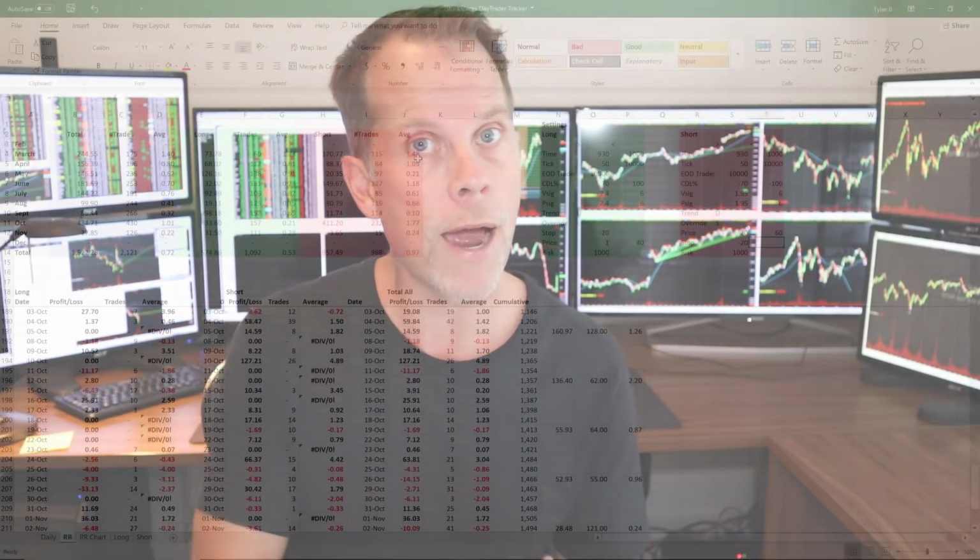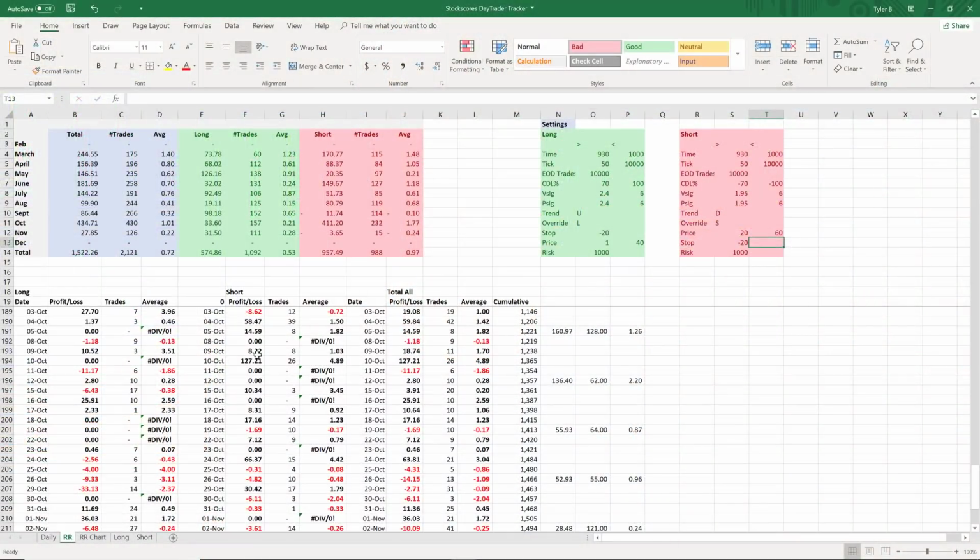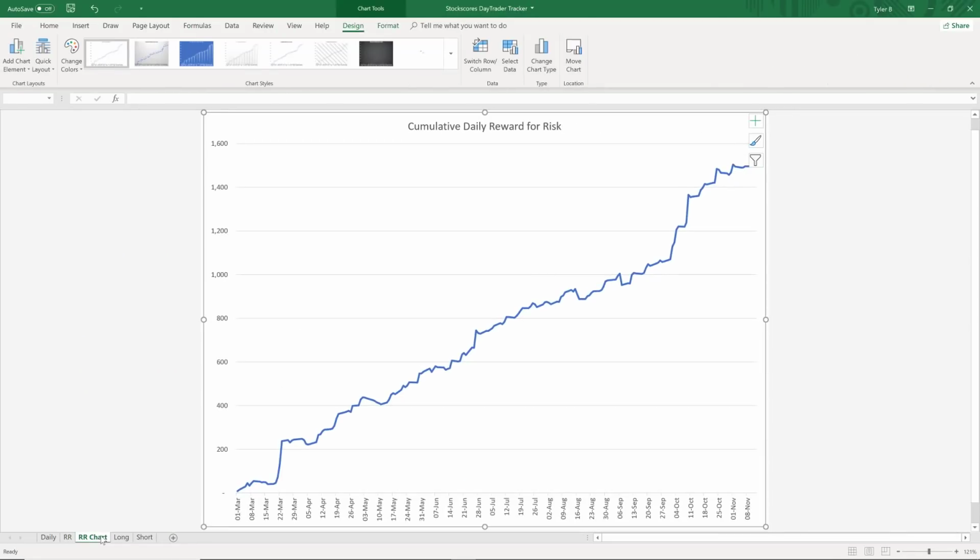I drop that into the spreadsheet, so then I can start to manipulate it based on time of day, price, values of the indicator, lots of different things that I can manipulate, stops, that sort of thing. And my ultimate goal is to maximize either my average profit per trade or my total profit. So what I can then do is look at the reward for risk curve.